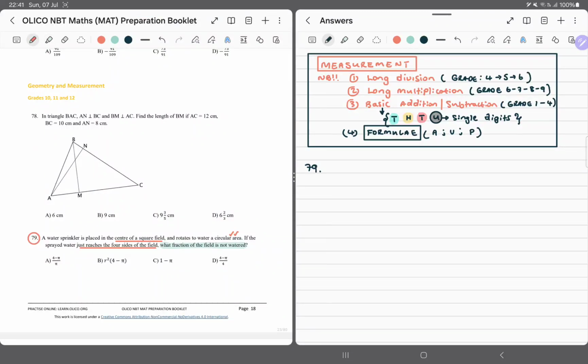So for us, we need to actually picture what is going on. So let's do our square field. So, okay, this looks rectangular, not a square. Okay, that's better.